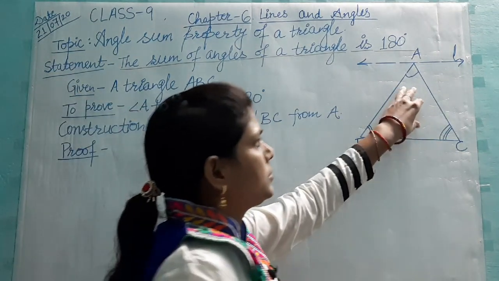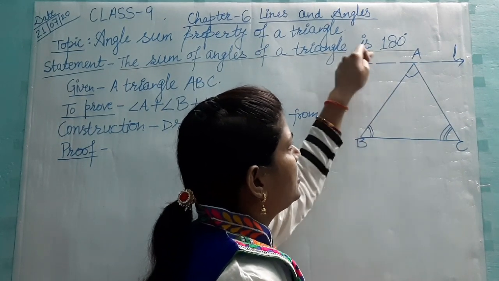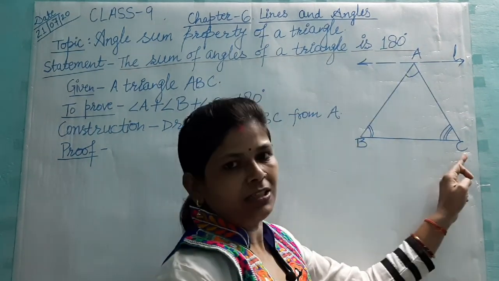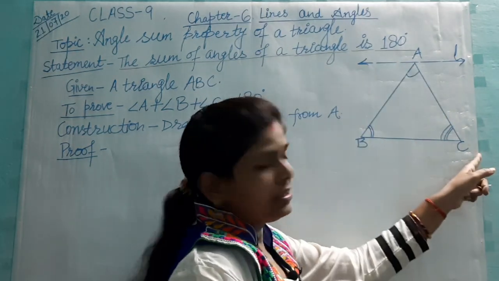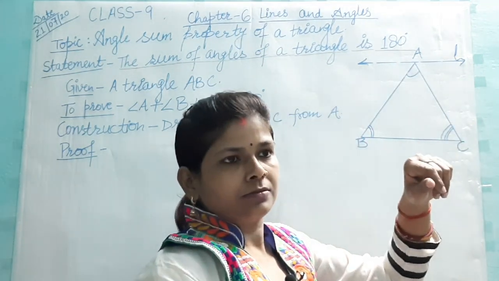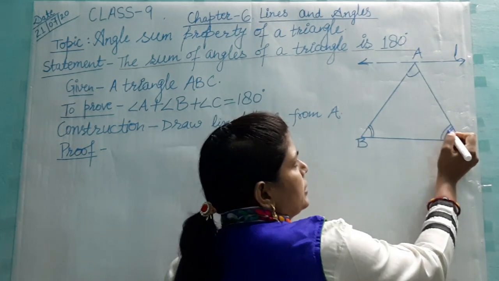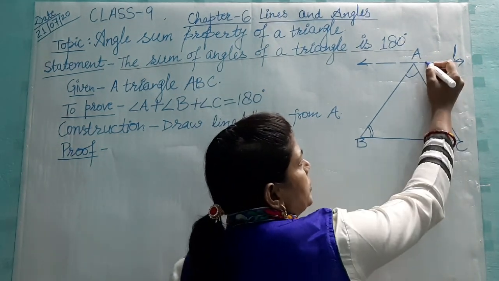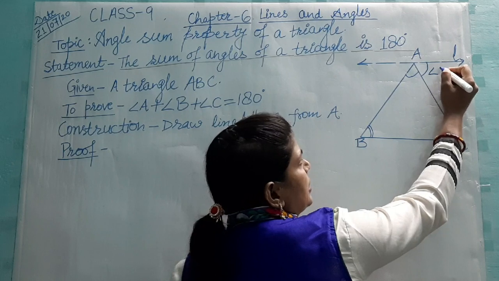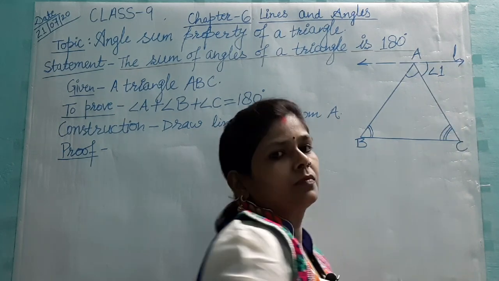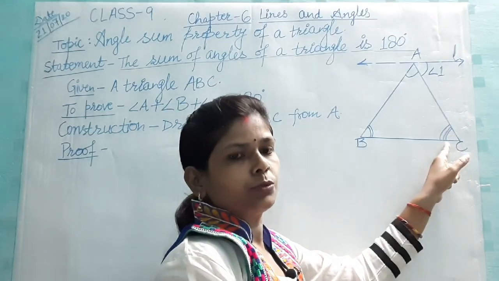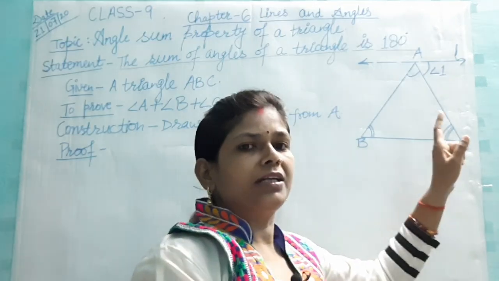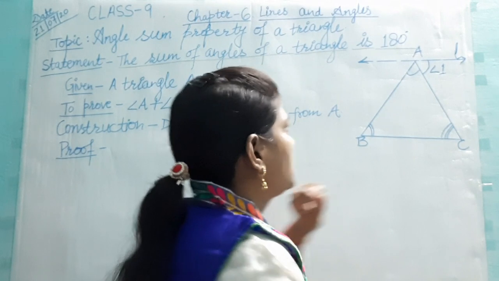In the proof, we see that line L is parallel to BC by construction. Line AC is a transversal. Therefore, if we name this angle 1, then angle 1 is equal to angle C. Which angles are these? Alternate interior angles.